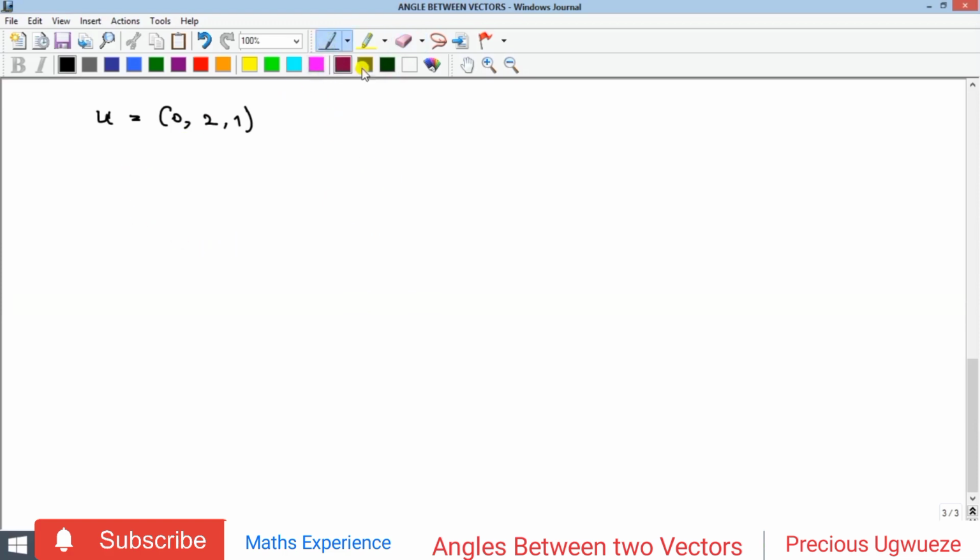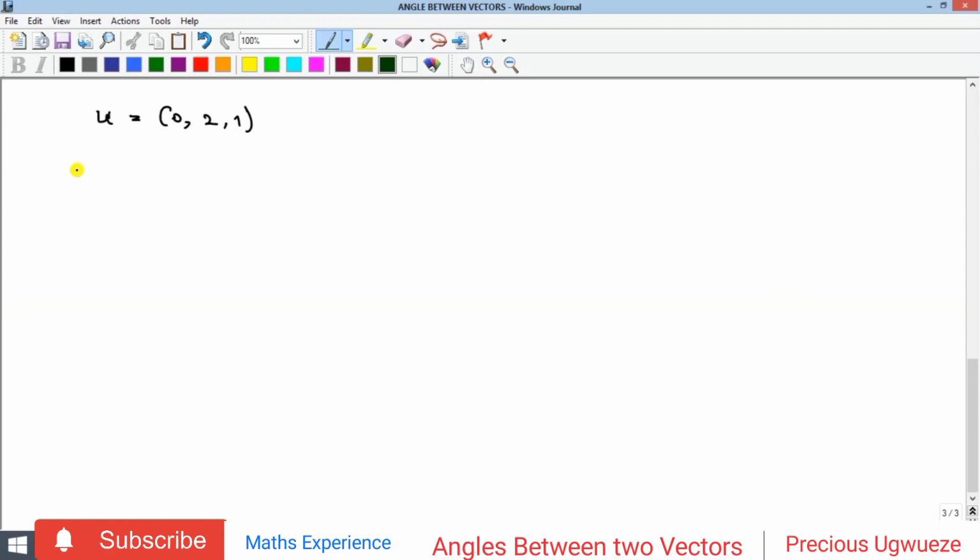So to show that this is actually true, that's what they're asking us to do in this example. All we need to do is find any arbitrary scalar multiple of this. So we can simply use 2u.